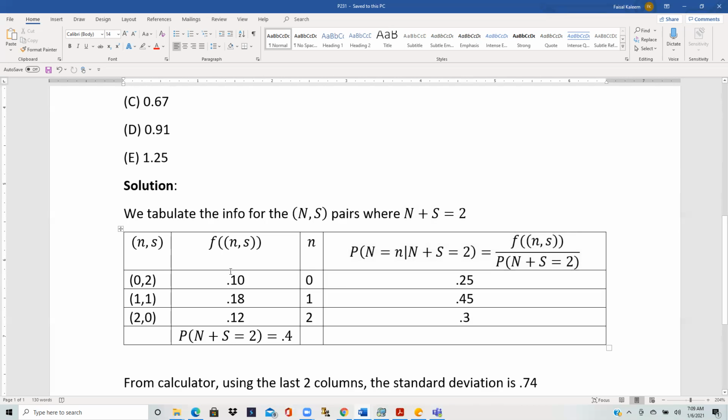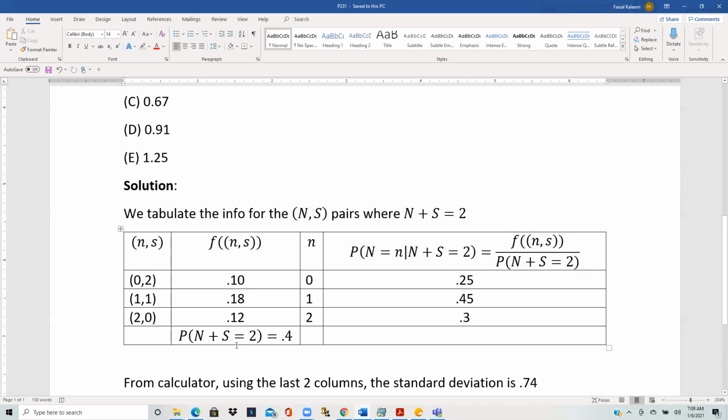That forces us to have this point, because when N is 0, the only way N plus S is equal to 2 is if the other value is 2. So it's the 0, 2 point, and therefore the probability of N equal to 0 and N plus S equal to 2 is the probability of the 0, 2 point, which is 0.1. And that's why in the numerator we have f of n,s, as I explained.